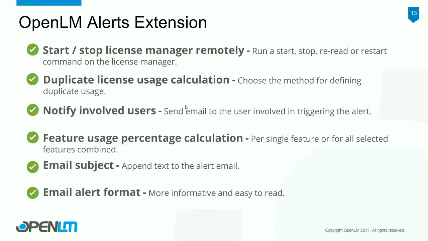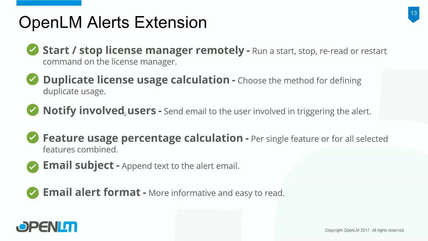Also, you'll be able to define what you mean by duplicate license usage. The OpenLM Alerts extension has a condition to alert you once a duplicate license has been pulled. So now you'll be able to define what you mean by duplicate. Is it the same license on the same machine but different users? Is that duplicate? You can define what you mean.